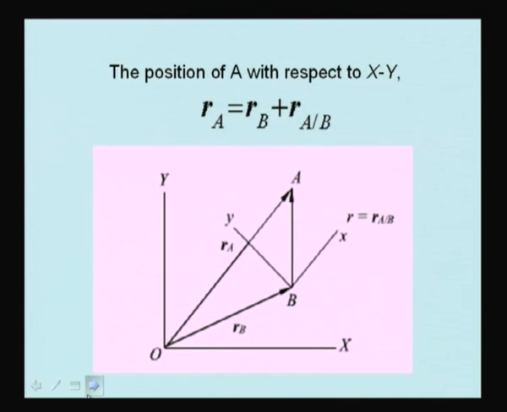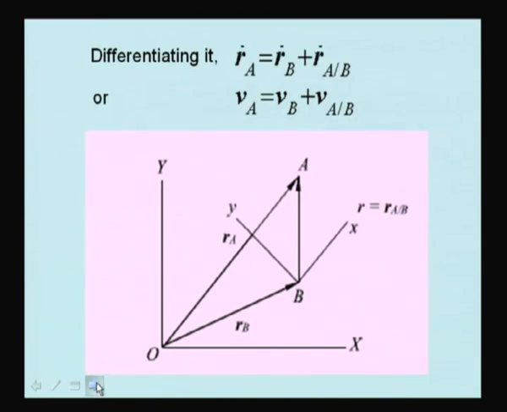Now, the position vector of A with respect to x y is given by r_A equal to r_B plus r_A with respect to B, that is r_A/B. With this we can differentiate this position vector with respect to time, because we now have some idea about vector calculus. Vectors can be differentiated.